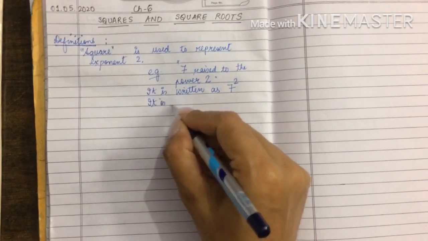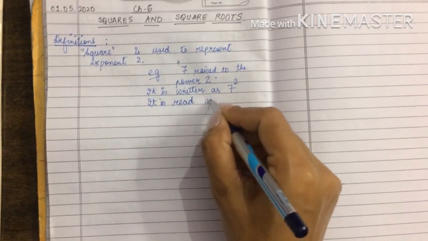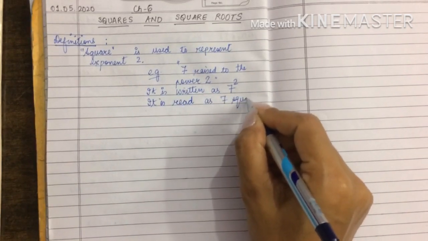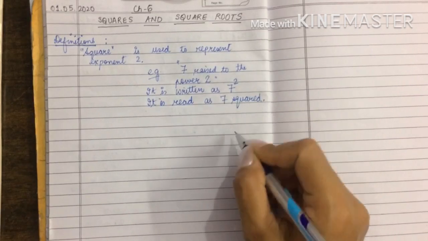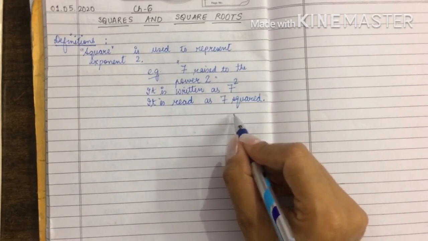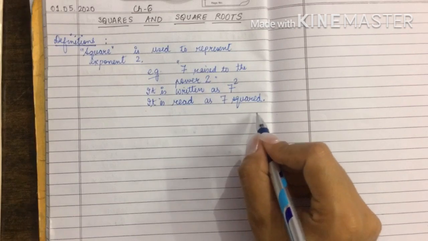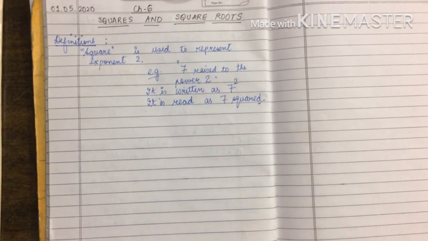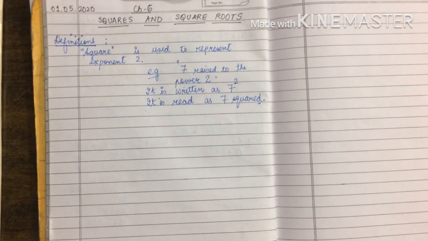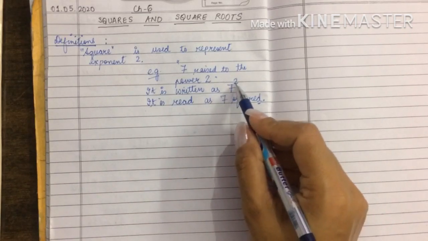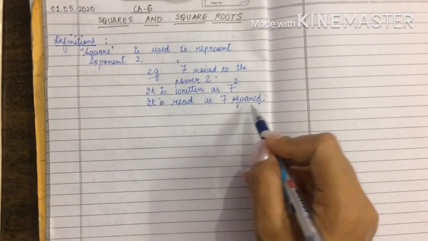And how do we read it? It is read as 7 squared. Usually when we are speaking, the D kind of dissolves, so we read it as 7 square. So if there is exponent 2, we don't read it as 7 raised to the power 2, we read it as 7 square.